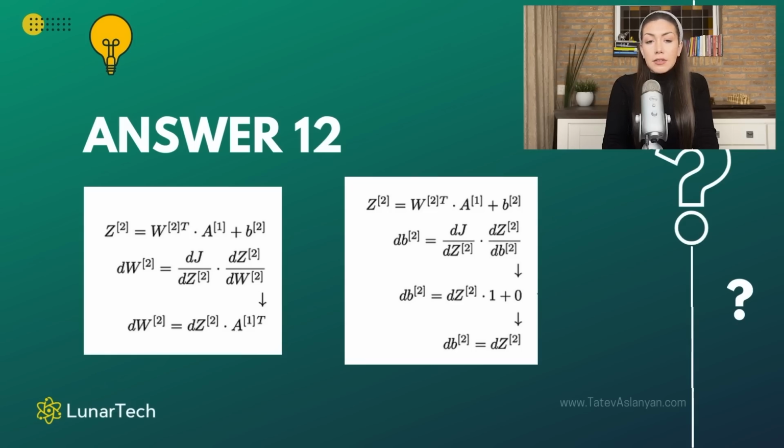And then this is simply equal to the dz multiplied by the transpose of the activations matrix. And something similar we are also performing for obtaining the gradients of the bias vectors.